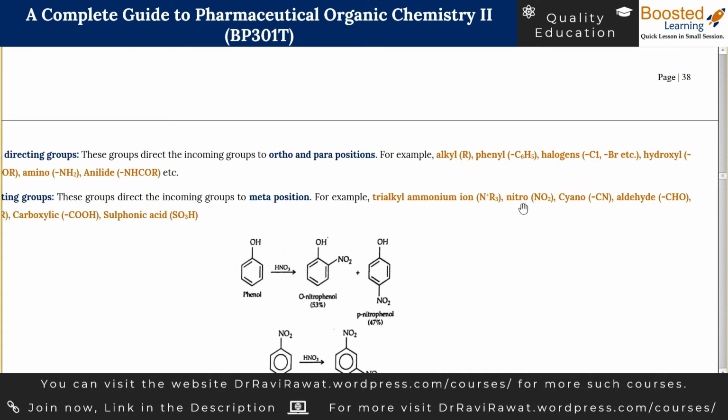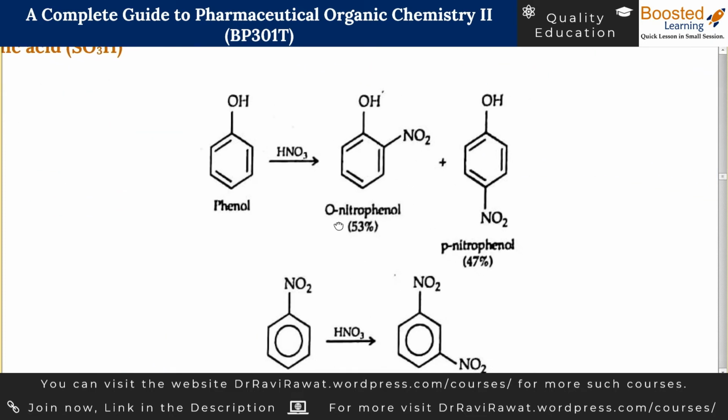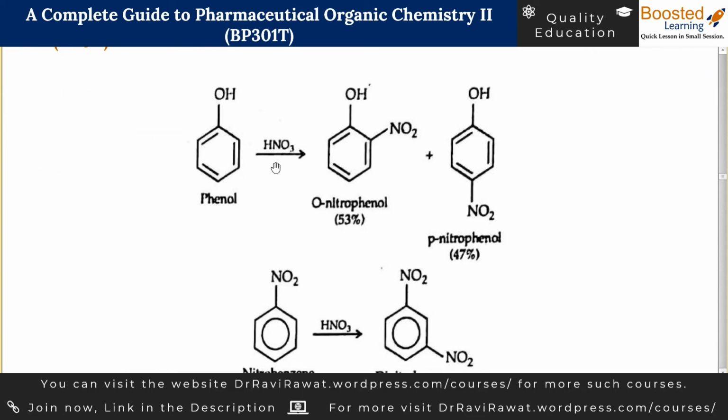Examples are these. Let us see practically one more time that if you try to do nitration of phenol, you are going to get two types of product, the ortho product and the para product. The ortho product is going to be in the yield of 53% and the para product is going to be in the yield of 47%, and there would be almost nothing of meta product. So activating groups like hydroxy are always ortho and para directing.